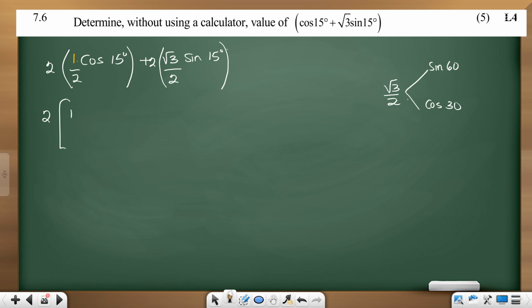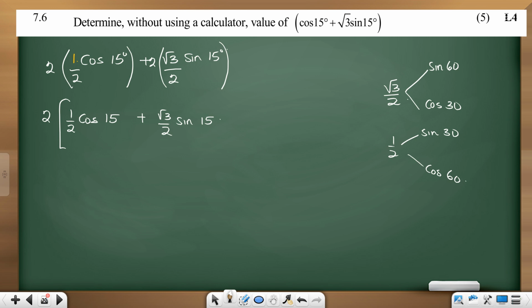2 into bracket half cos 15 plus root 3 over 2 sine 15. But hold on, I have a half. Half is also something though: sine 30, cos 60. I need to bring in one of these trig ratios that will match.